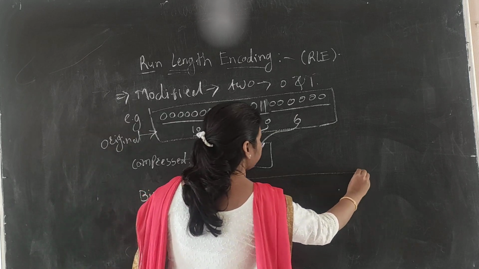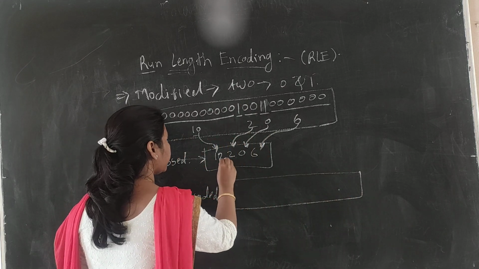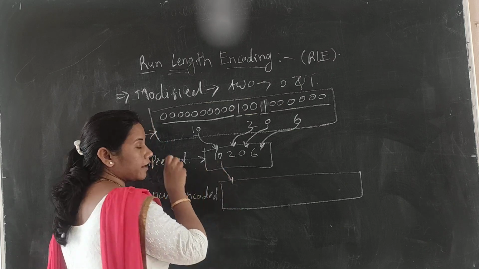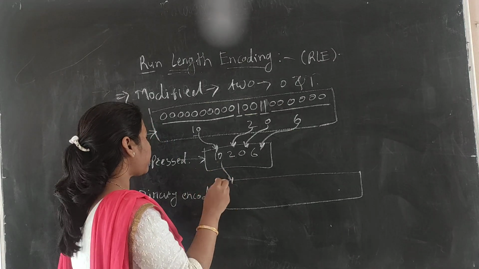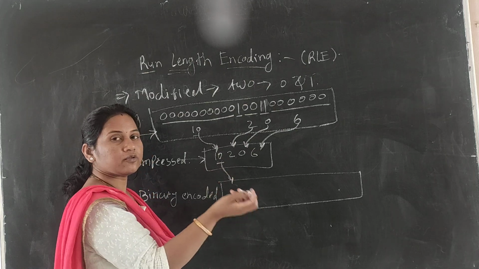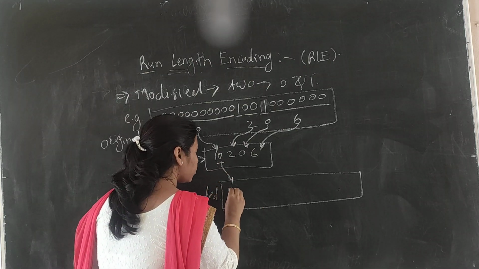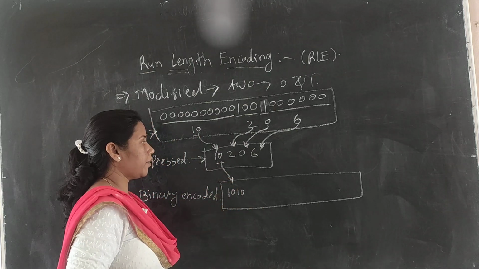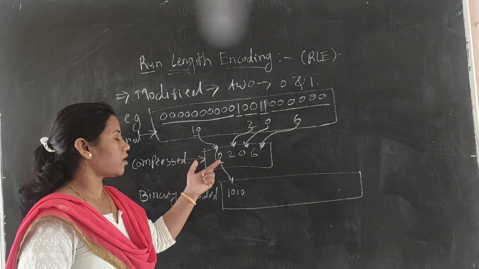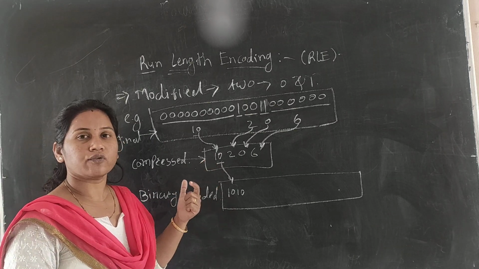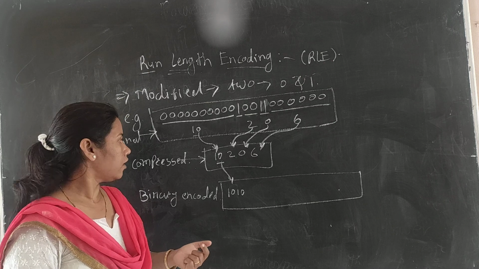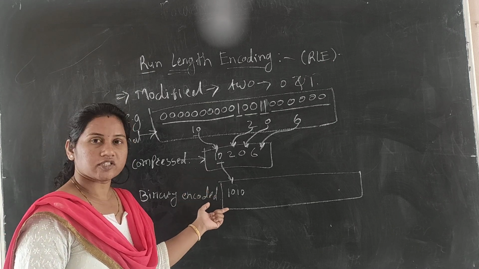Using this method we can encode this 10. We can represent 10 in binary as 1010. But remember that each digit must be represented as a 4-bit binary number. Ten requires 4 digits.